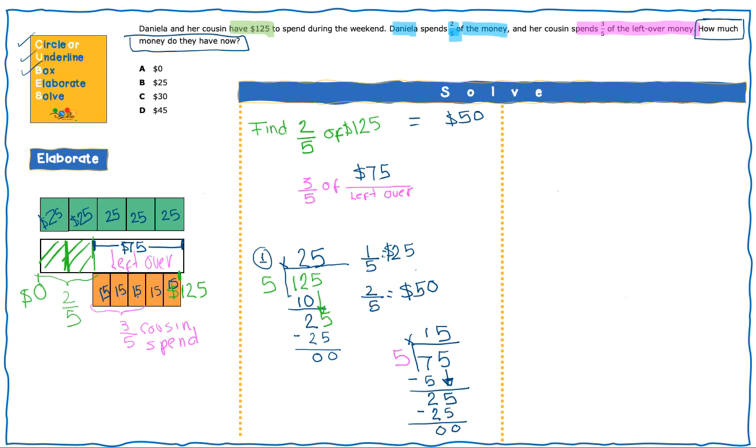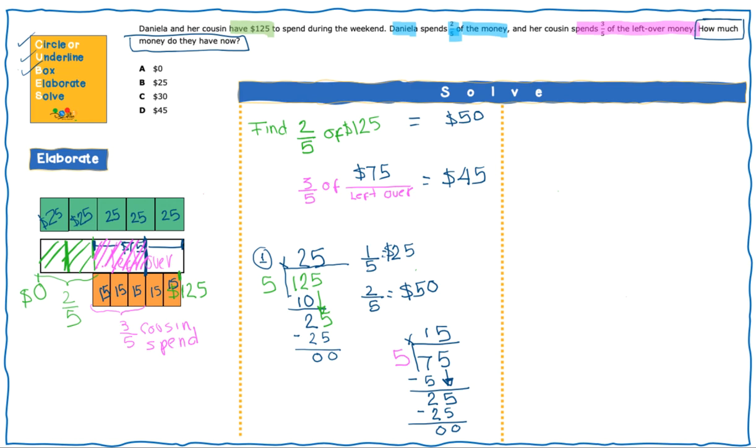Great. 30 plus 15, 45. Great. So this money is 45. And then actually I can see in this picture that if the cousin spent 3/5, that will be up to here for the cousin. And I'm going to put that in pink because remember, that's how we highlighted on the top.